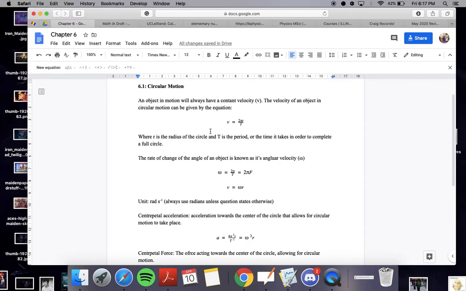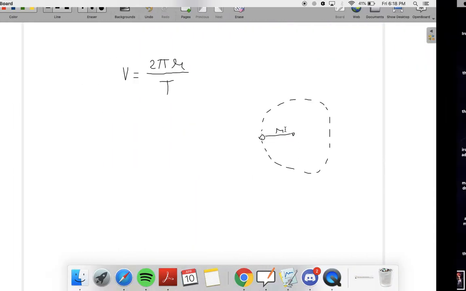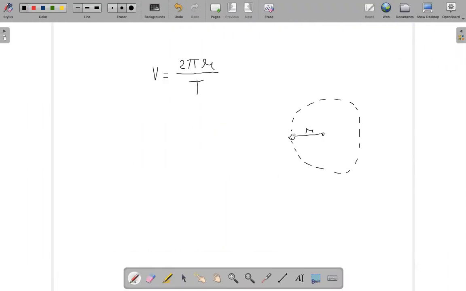Now let's continue. Then we have the concept of angular velocity. Angular velocity is the rate of change of the angle of an object from the center. So let's say the object is over here now, and a few seconds later it will be over here, and there is an angle over here.